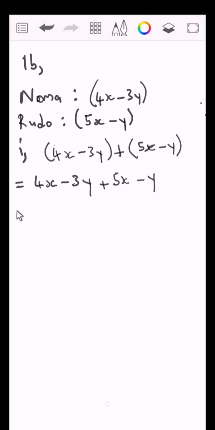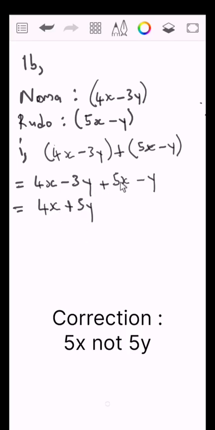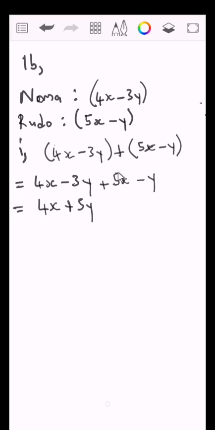So this is going to be equal to, and now we are going to collect like terms. For terms in x, we have 4x plus 5x. Take note, my friends, that when you move a term from the third position to the second, please make sure it carries its arithmetic sign, which is plus in this case.